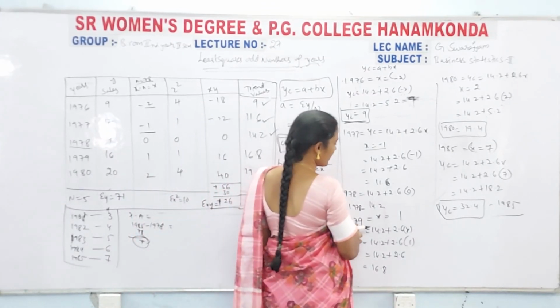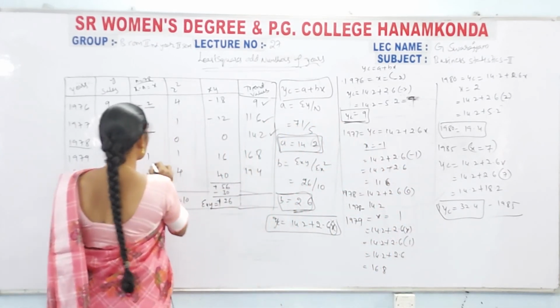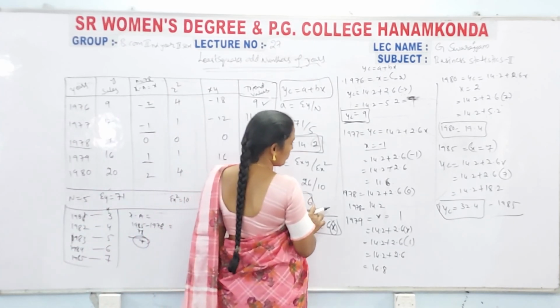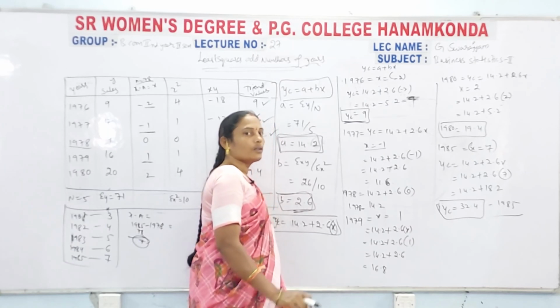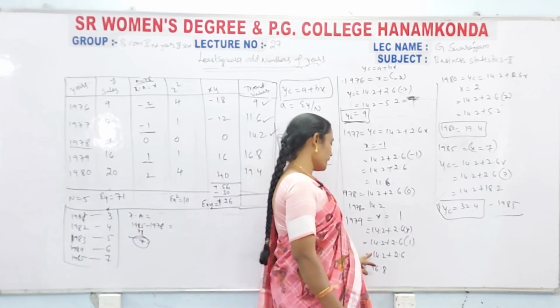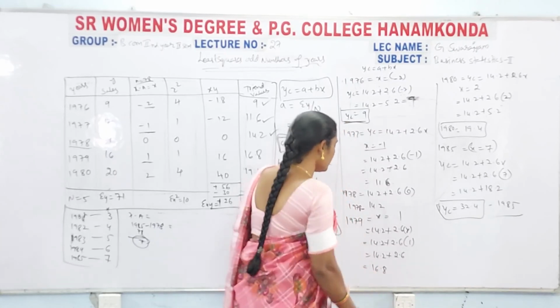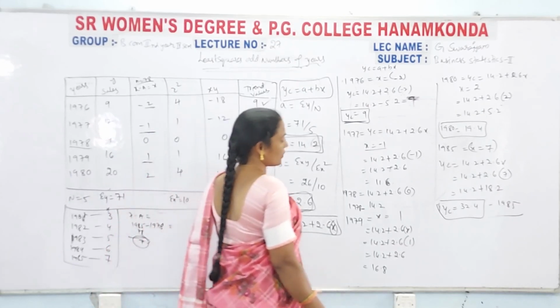Next, for 1979, the x value is positive 1. 2.6x into 1 is 2.6. So 14.2 plus 2.6 is 16.8. The trend value we can write in the correct place of the column, 16.8.